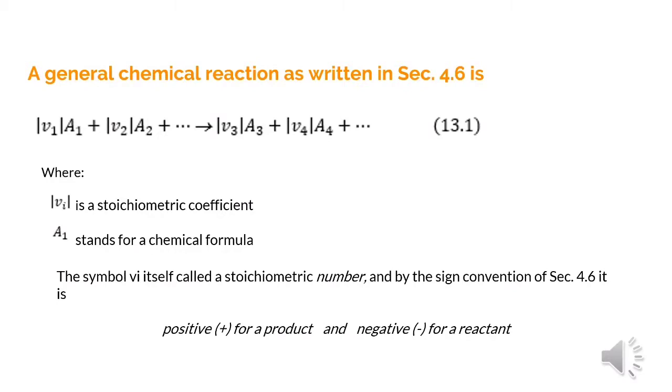The symbol vi is called a stoichiometric number. By the sign convention of section 4.6, it is positive for a product, which is what results after the reactants have reacted, and negative for a reactant, which is what we use in the reaction.